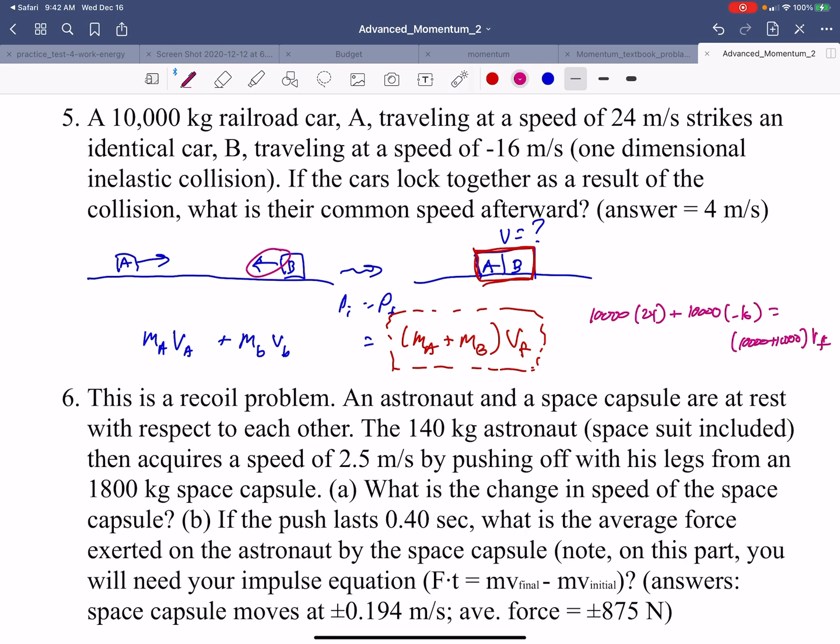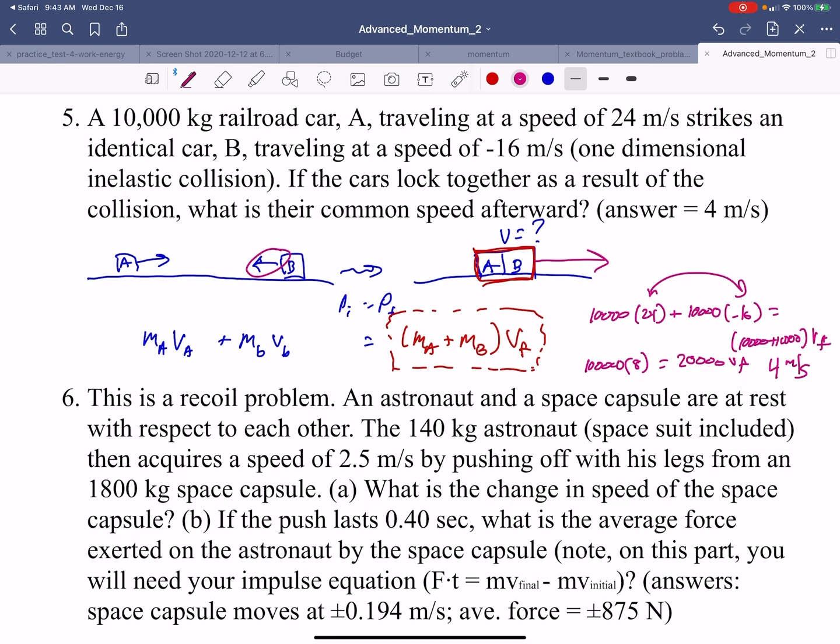So this is really going to be 10,000 times 8. I'm just combining these two terms right here. And that's going to equal 20,000 VF. So 80,000 divided by 20,000, you're going to have 4 meters per second. Notice that the positive here is important, so this is a situation where they will continue to go this way.